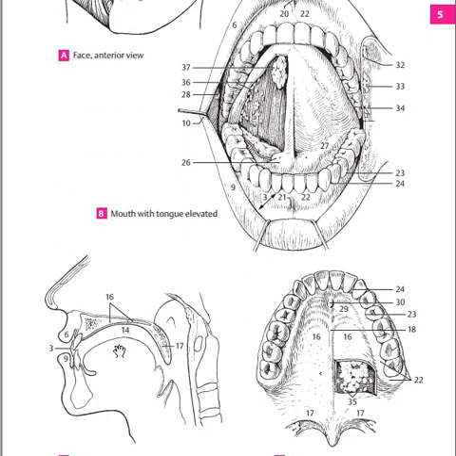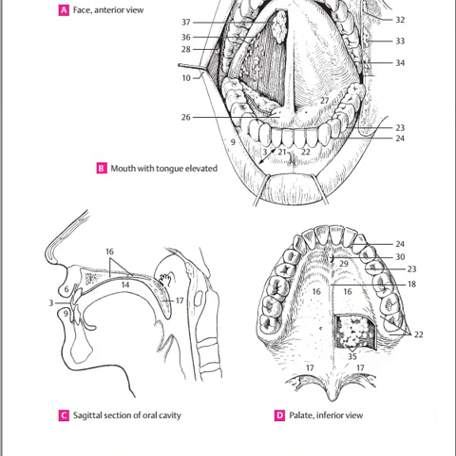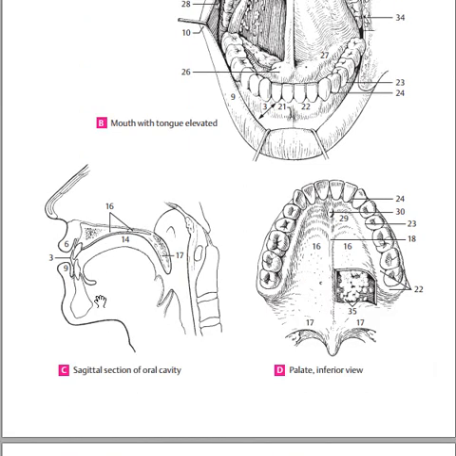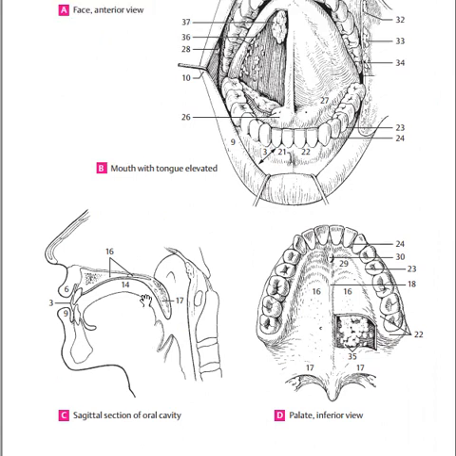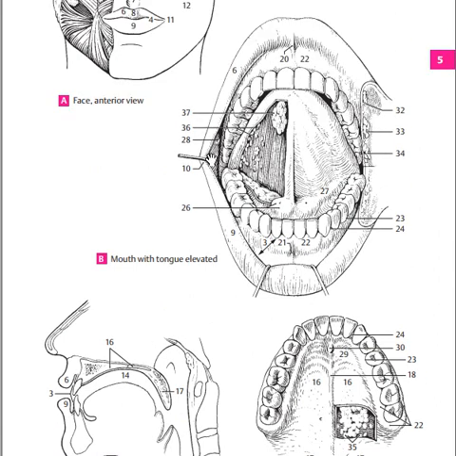We also have the palate, which is found superiorly. We have the floor of the mouth, which is found inferiorly. We have the lateral side, which is the buccal cavity, and then we have the gum. So all that is found inside the oral cavity.